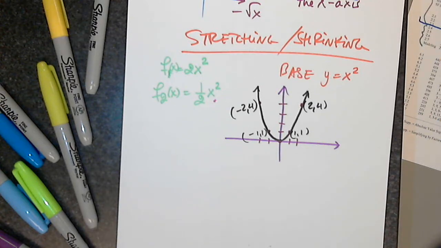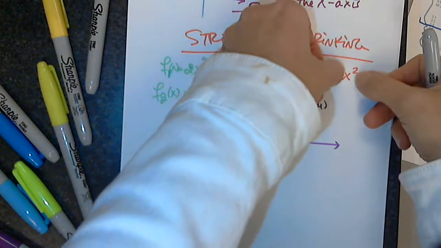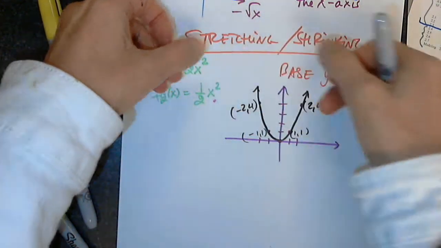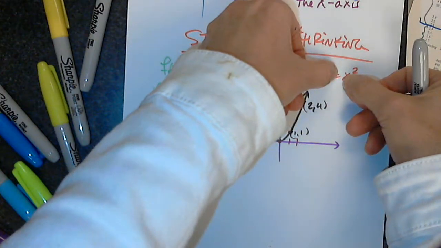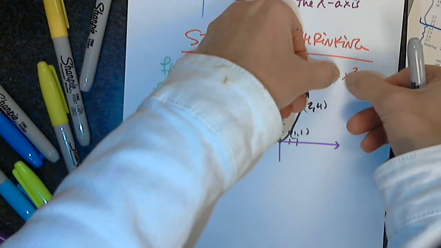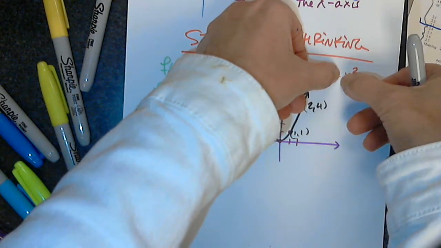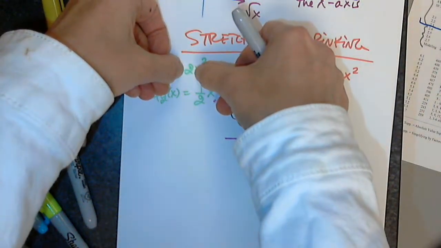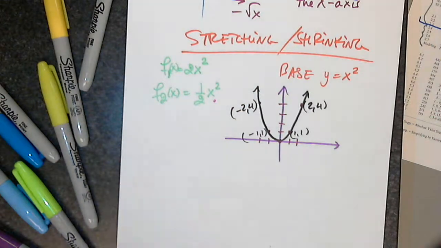It's outside, and x squared does not change. There is just a number outside that is not 1. So all y values of x squared are multiplied by 1, and for 2x squared they are multiplied by 2. So it's a transformation on y.